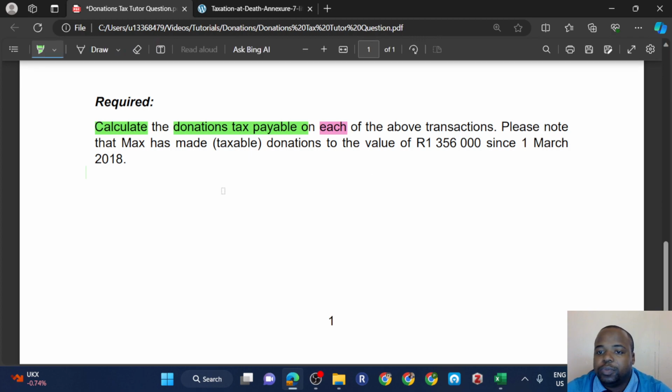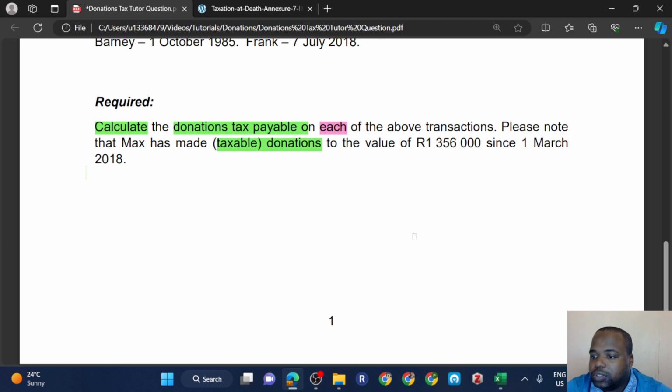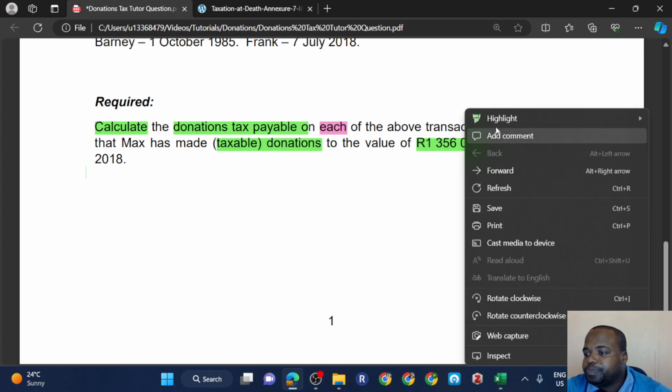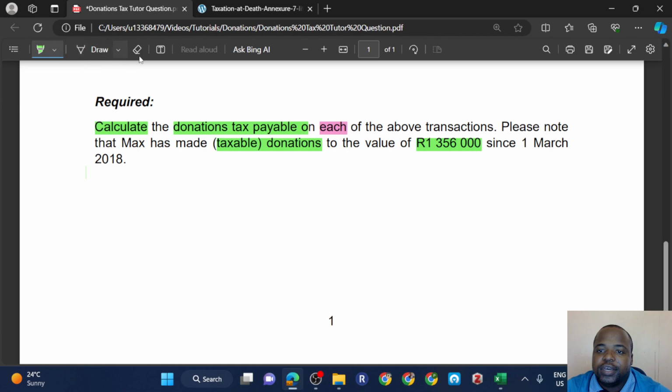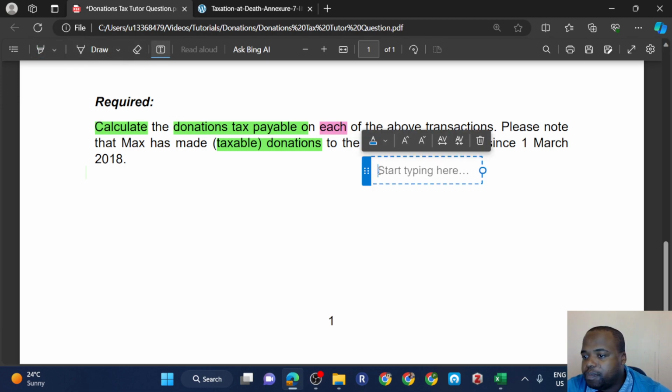Then they tell us to please note that Max has made taxable donations to the value of 1,356,000 rands since 1 March 2018. So again, the keyword being taxable donations. We'll get to what that means when we're doing the solution. But what this essentially should mean to us is that he has not yet gone past the 30 million rand threshold.